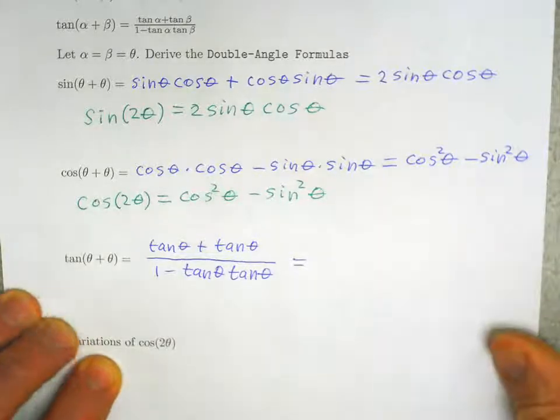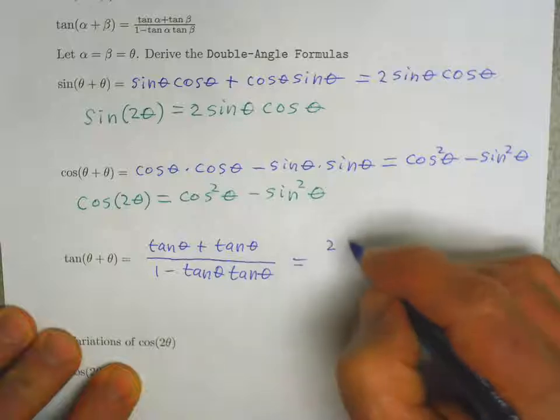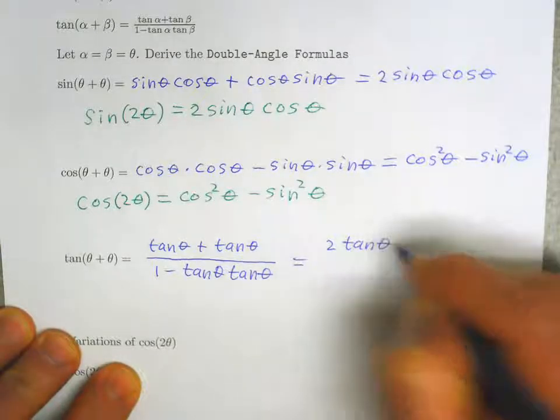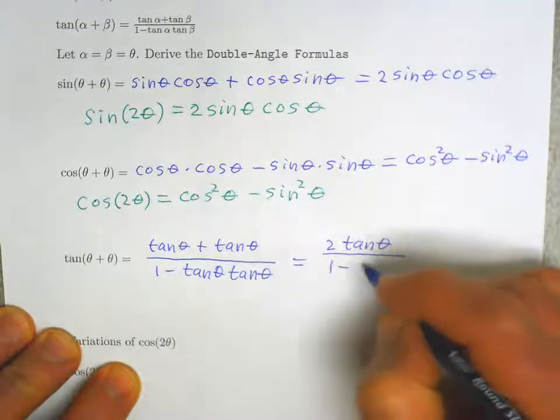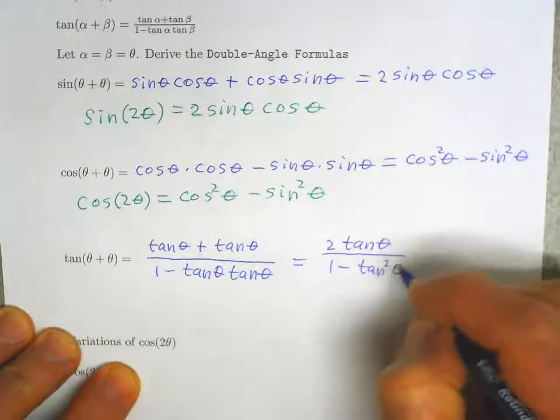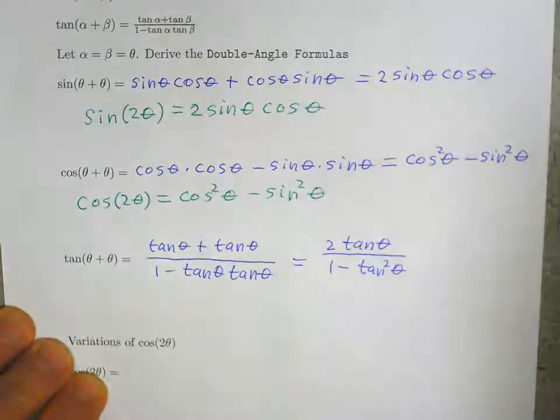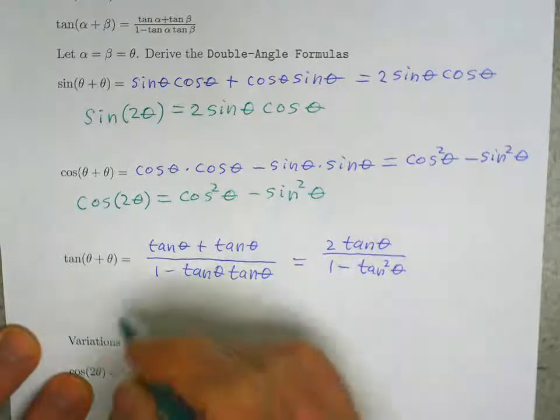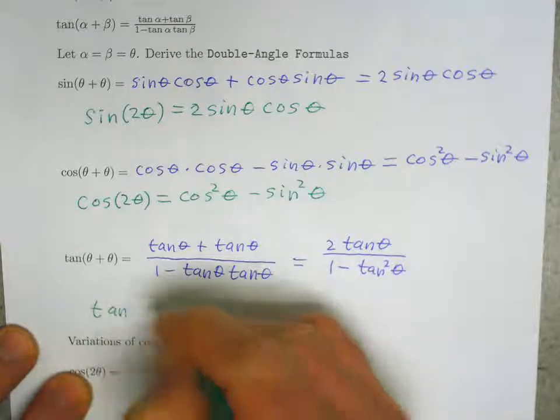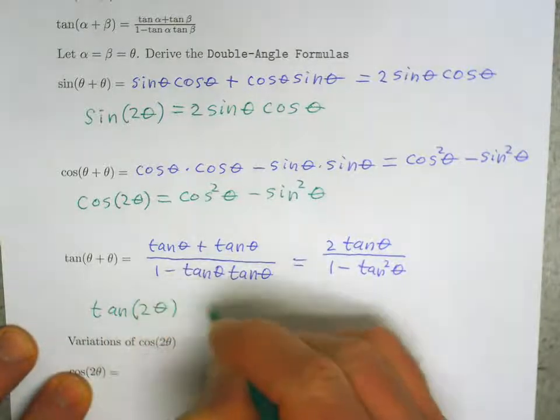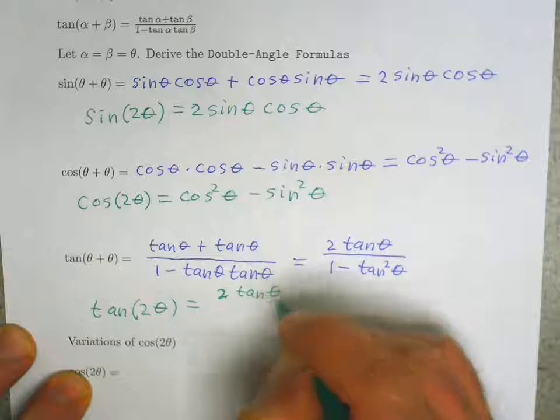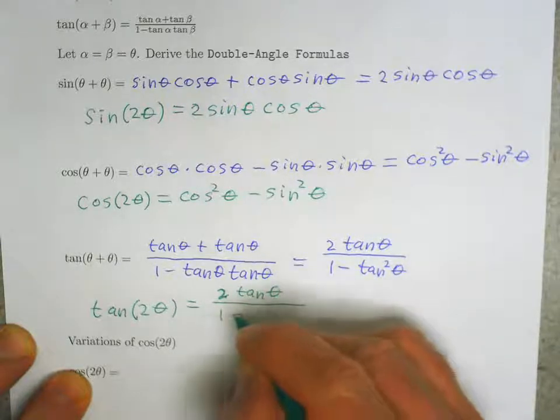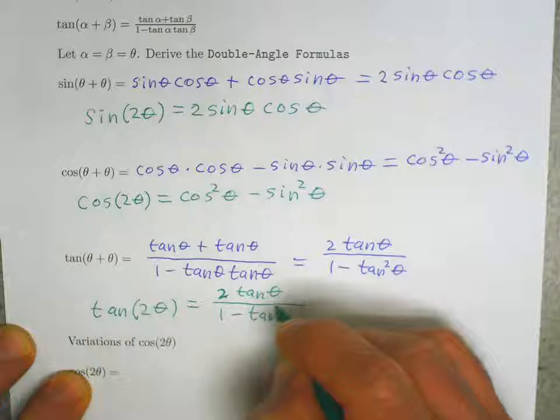But in the numerator, we simplify that to 2 times tangent of theta. And in the denominator, 1 minus tangent of theta squared. Okay, so the double angle formula, tangent of 2 theta is equal to 2 times tangent of theta divided by 1 minus tangent of theta squared.